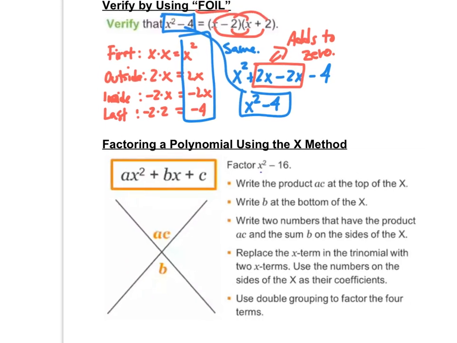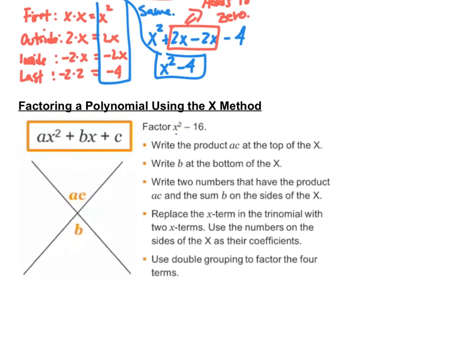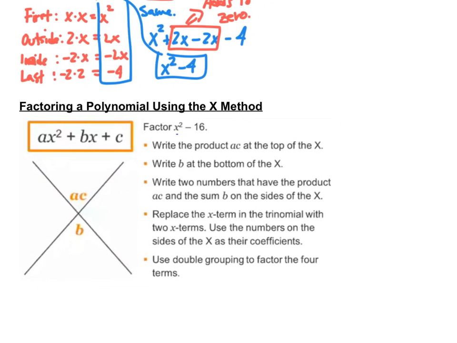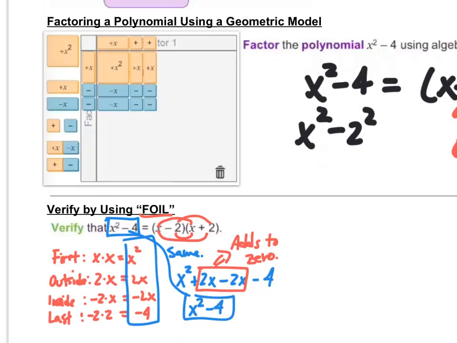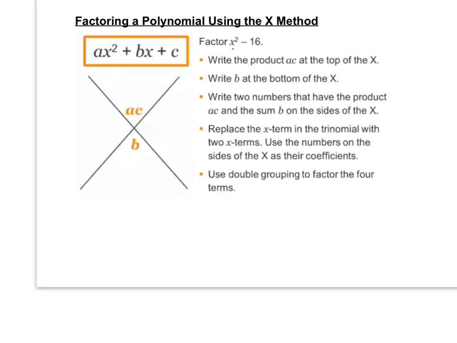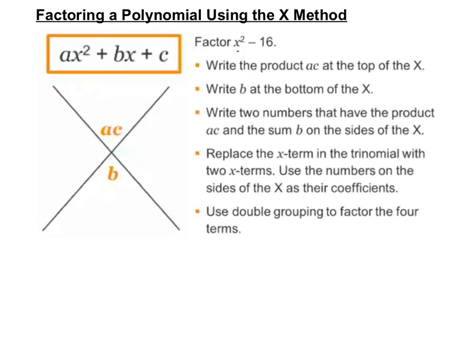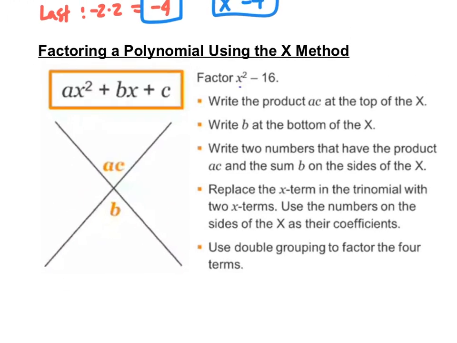Okay, and we can sit here and talk about using the x method, where we want to factor this right here, x squared minus 16. So we did the geometric model, and let's go ahead and just do the x method here. And so let's identify what our a, b, and c are. Now let me rewrite this real quick because it's kind of hard to identify the b value when you have something like this.